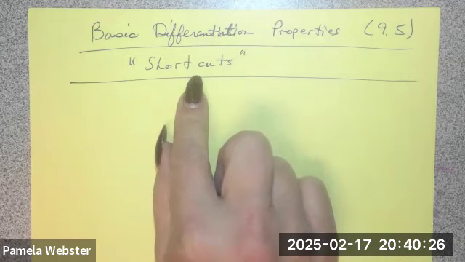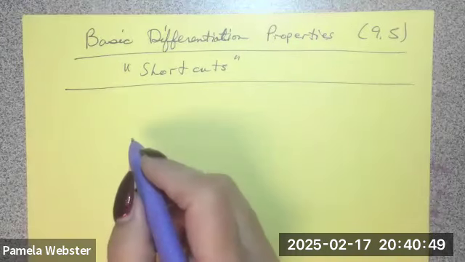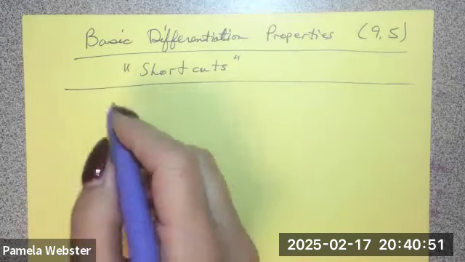There are some shortcuts that were found by mathematicians many, many years ago, like we're talking 1700s. Hundreds of years ago, some people took some really valuable time and figured out there are some shortcuts for some of these things we're doing over and over and over again. They saw the patterns, and thankfully for us, they put it down so that we can use them.